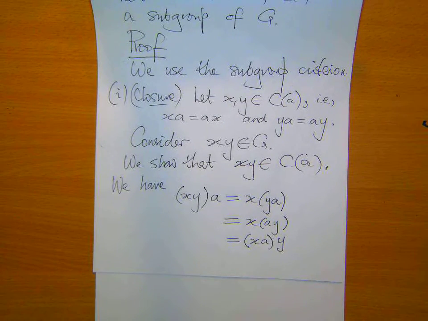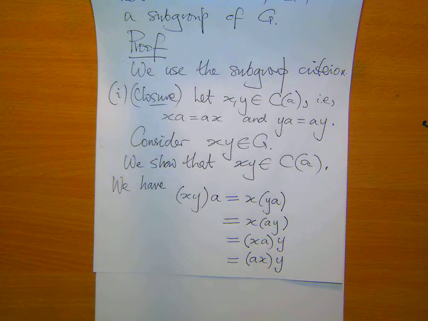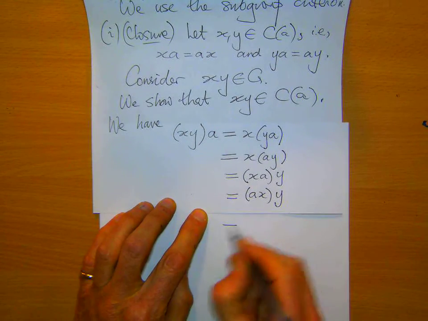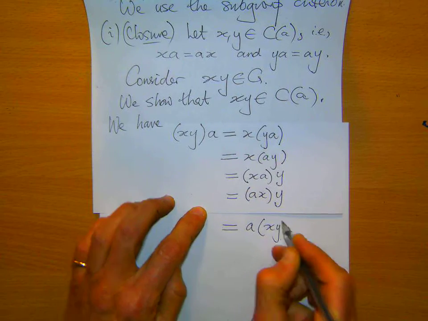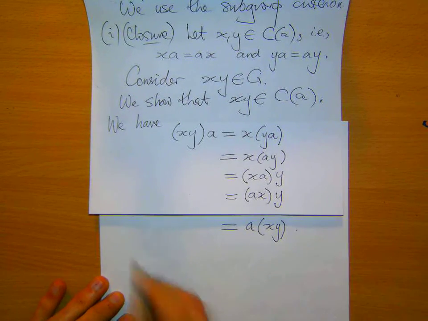And now I'm going to use the fact that x is in C of A. So as I said, this is very much following your nose. And then I'm almost finished. I've got to get x and y grouped together by using associativity once again. So that's using associativity again.